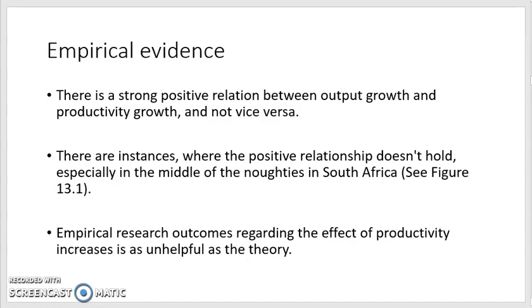And lastly, the empirical research outcomes regarding the effects of productivity increase are as unhelpful as the theory we covered with the AS and the AD model. So in the short run, an increase in productivity may or may not lead to an increase in unemployment. The answer is unclear.